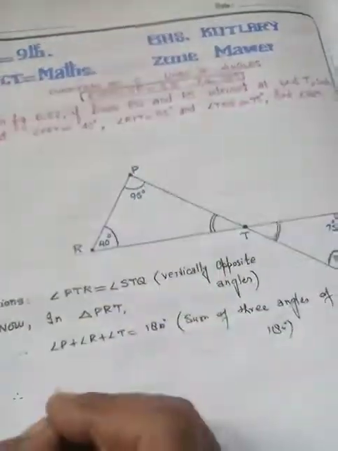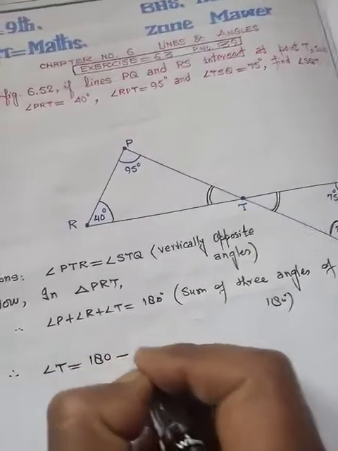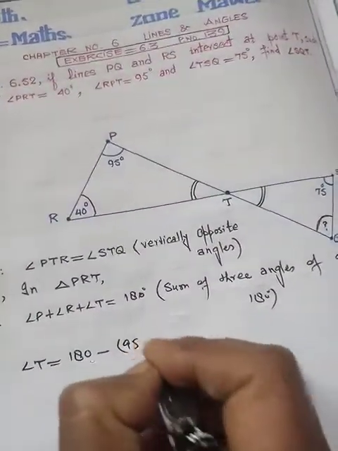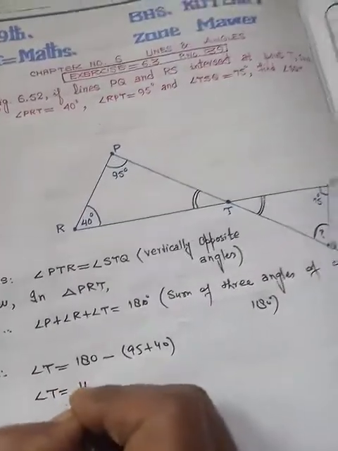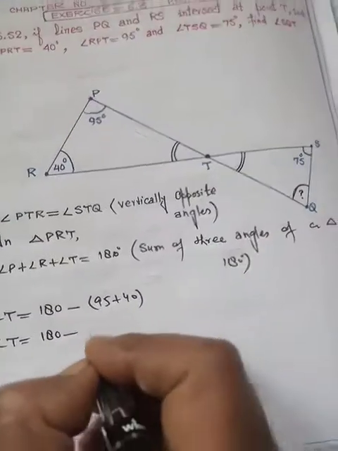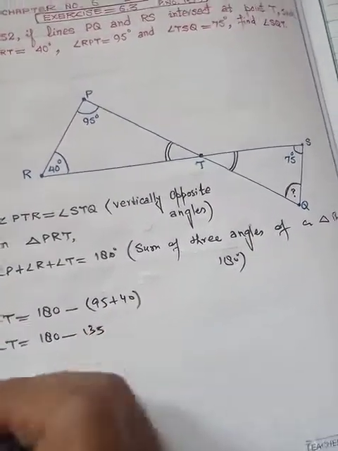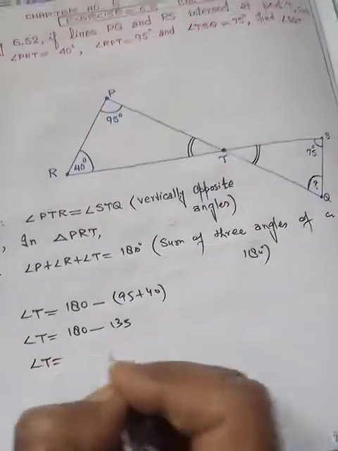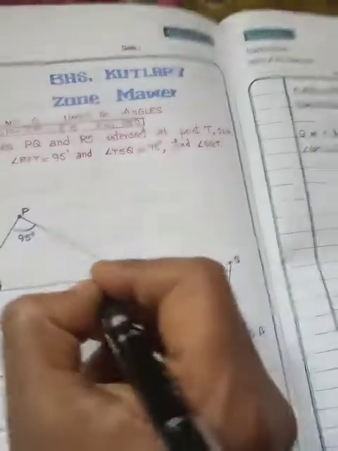Therefore, angle T is equal to 180 minus (95 plus 40). Angle T is equal to 180 minus, add these two angles, 95 plus 40 is 135. Angle T is equal to 45 degrees, right?